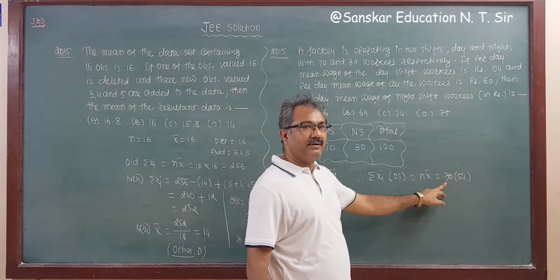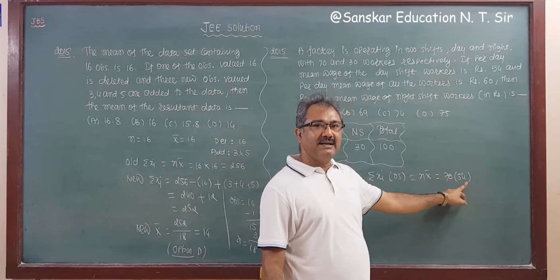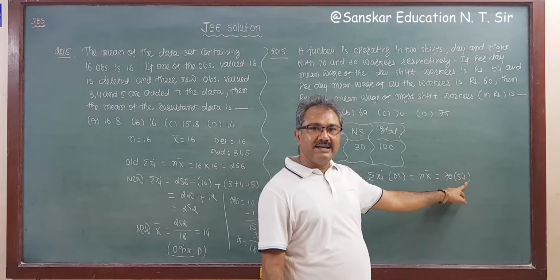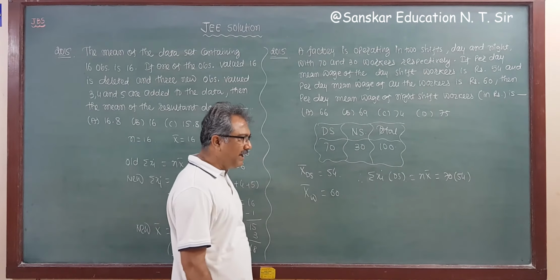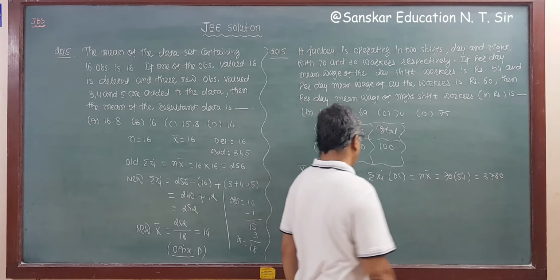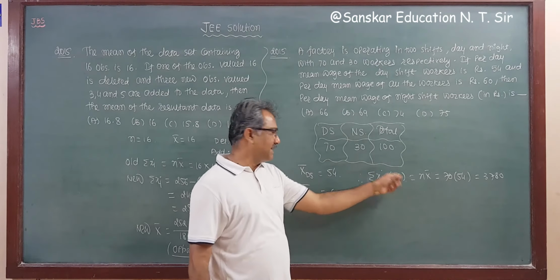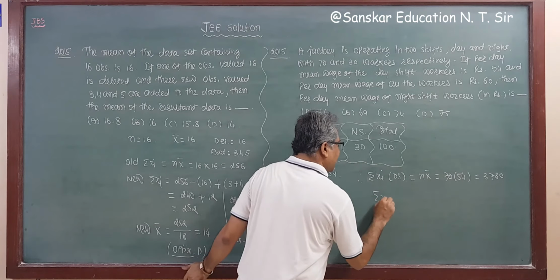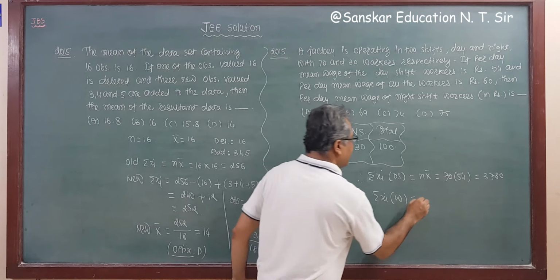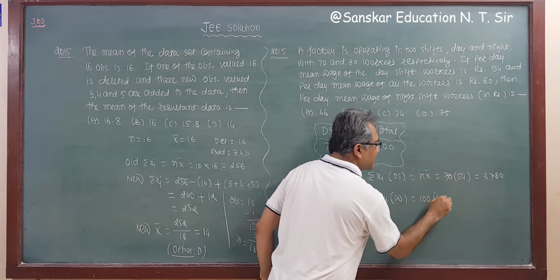So 5 7 35 and 7 4 28, that is 350 plus 2700, that is 3780. So the answer is 3780. This is sigma xi for day shift, and sigma xi for all workers is n is 100 and mean is given 60.